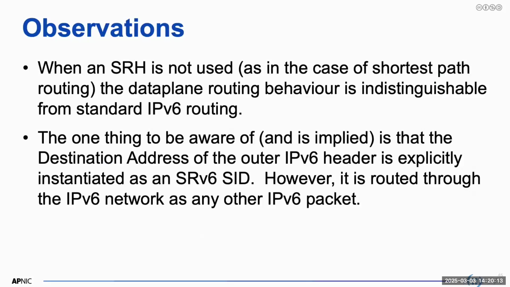The other thing we need to be aware of is that the destination address should be the same address as the destination you want to reach, and it has not changed throughout the travel of the packet. H2 was the destination address and it remained the same. So when you are processing the SRH, the destination address keeps on changing, but in the case of shortest path, the destination address does not change.